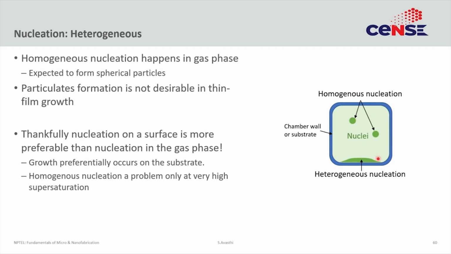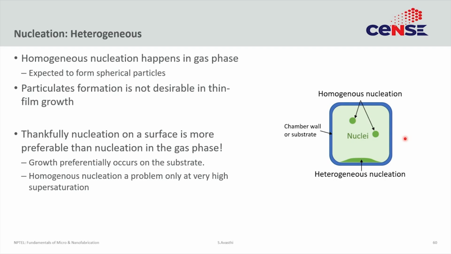It so turns out that for reasons that will be obvious in the next slide, this heterogeneous nucleation is actually more probable than homogeneous nucleation. And this is very, very important, because if you think about it, if you are doing, say, silicon deposition using silane, and if gas phase reactions start happening more than deposition reactions, then instead of getting a silicon film, you will just have a shower of silicon particles, right.